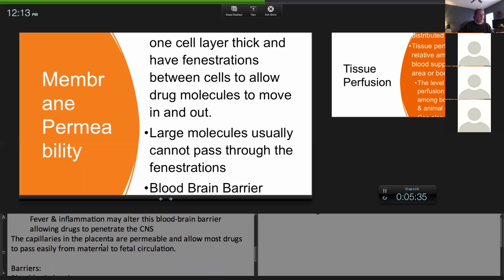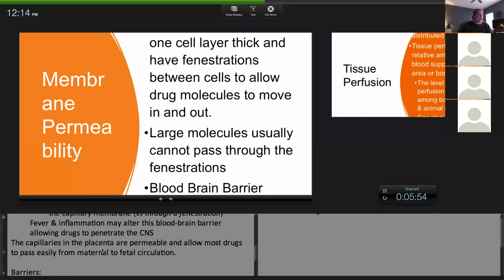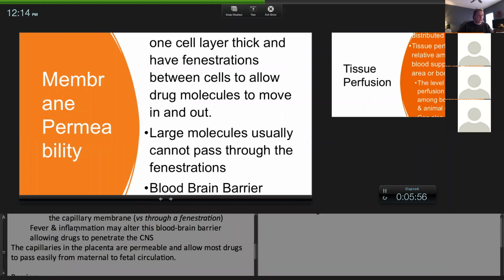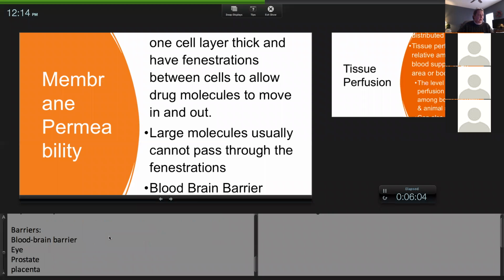There is also a note about the capillaries in the placenta. We talk about an animal that's pregnant. Some drugs, and a lot of anesthetics, can pass: whatever we give the mother is going to enter fetal circulation, as the placenta is permeable. And again, anytime there's fever or inflammation that causes swelling, it can alter the blood-brain barrier and affect the drugs.